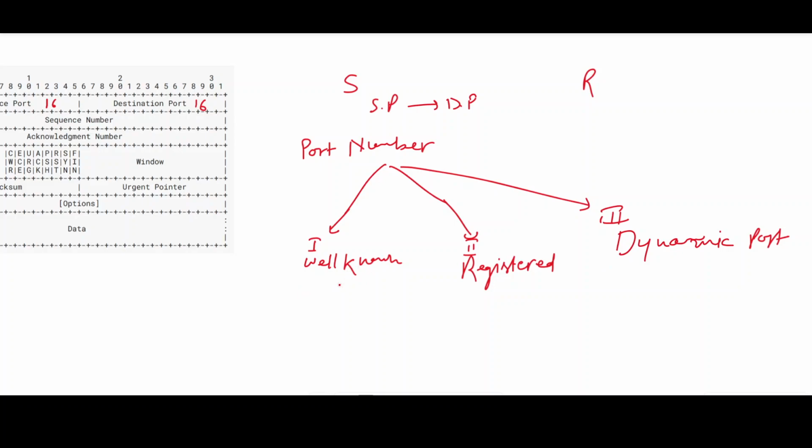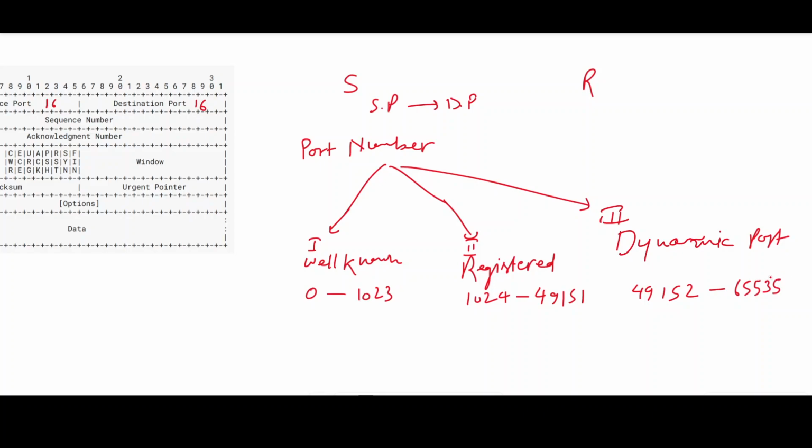Now the well-known port is from 0 to 1023, registered port is 1024 to 49151, and dynamic port is 49152 to 65535.